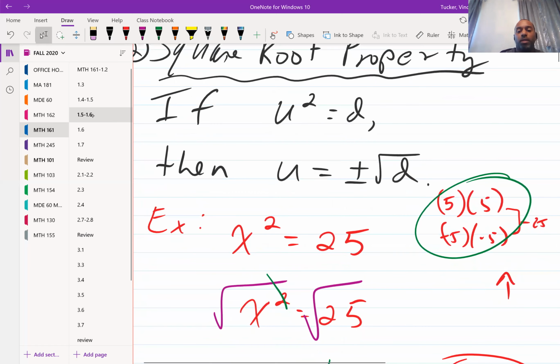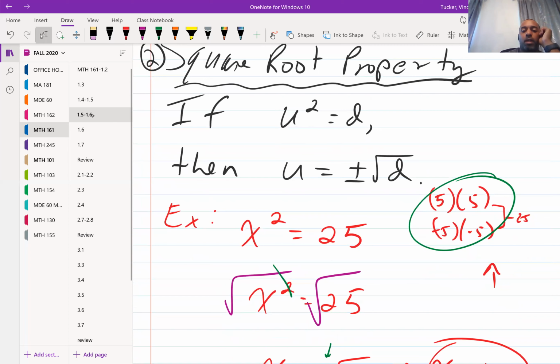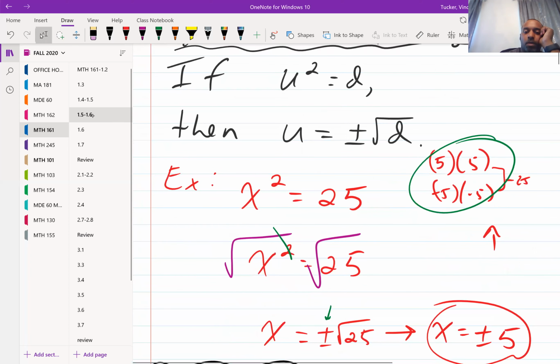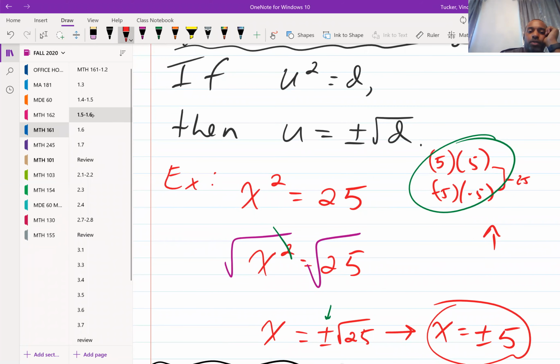All right, so you may say, well, why does that occur? Let's say we have x squared equal to 25, and I want to solve for x. Remember, your solution is going to be all of the values that will make that a true statement. When I take the square root of both sides in order to get rid of this square, the square and the square root will cancel, leaving me with just x.